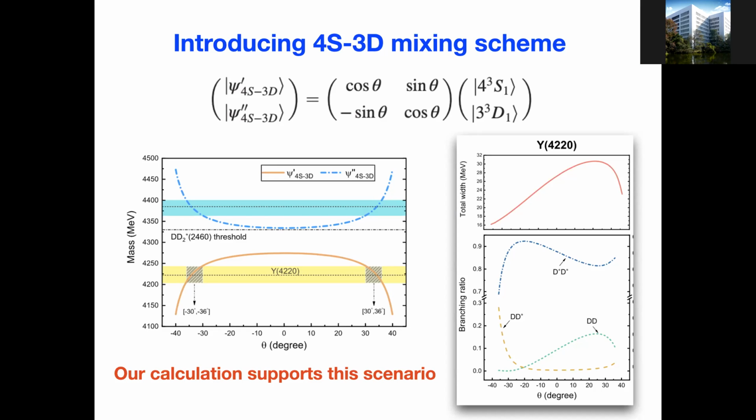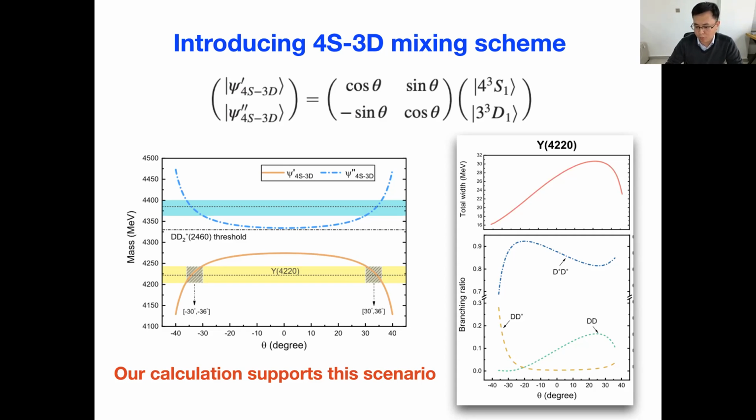I also want to emphasize that we also get the total width for the Y4220. You can notice that this state is also a narrow state. The dominant decay is the DD star. It means that the vector D-meson pair is a dominant decay channel for the Y4220.